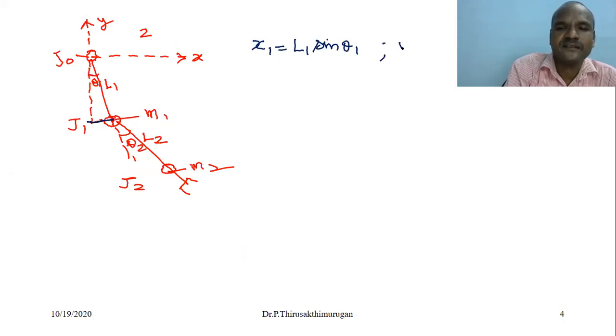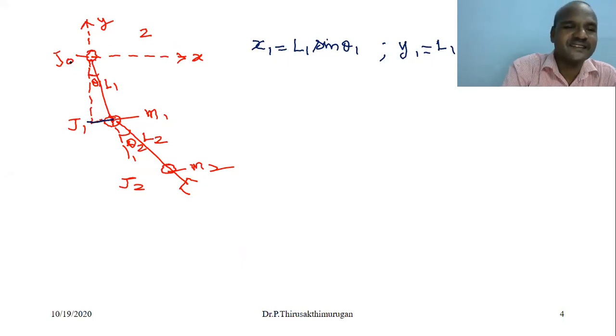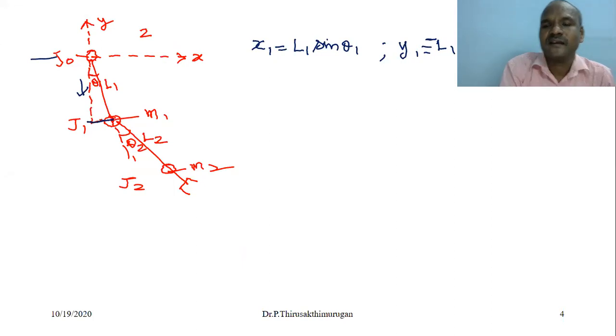Similarly, what is y1? It is this distance. So from this reference, it is on the negative side. So y1 is minus L1 cos theta 1. So what is the velocity v1?